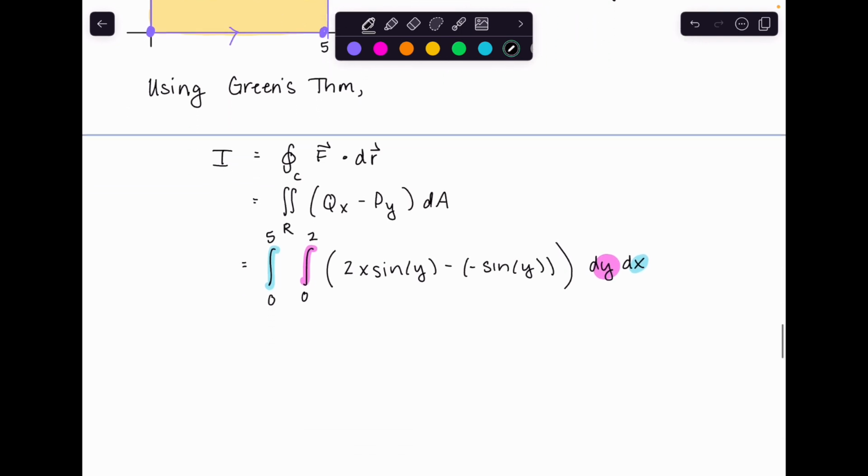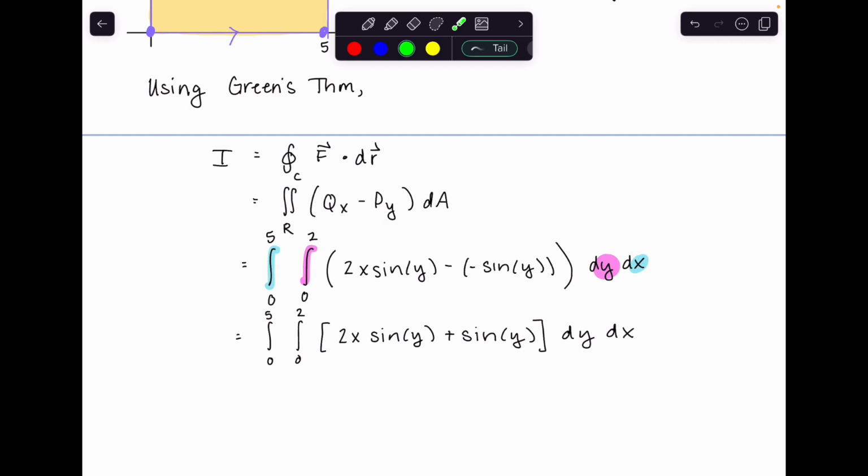So we just need to evaluate this double integral. I'm going to clean it up a tiny bit. So the inside becomes 2x sine of y plus sine of y, dy dx. You can go ahead and take this piece by piece. It's not bad to integrate with respect to y. However, we can even take this a step further. These both have a sine of y in common, and that's the only thing that deals with y.